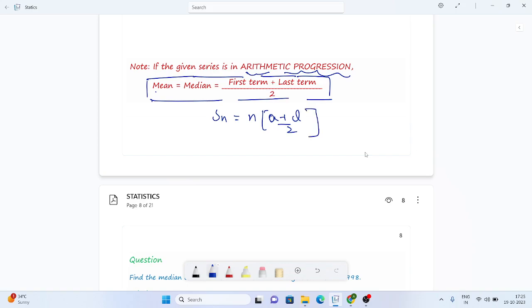So what is the sum here? N into the middle term. That formula we saw in the AP. So the middle term is first term plus last term divided by 2 for an AP, and mean and median are equal for an AP. This will help very much in the questions. Okay.